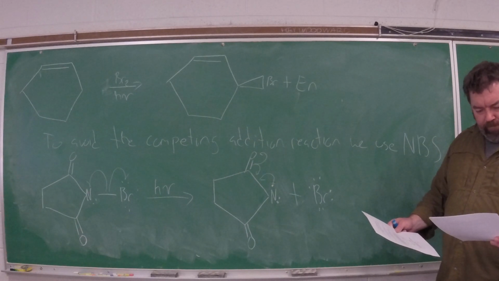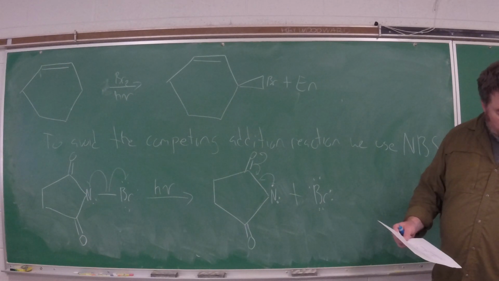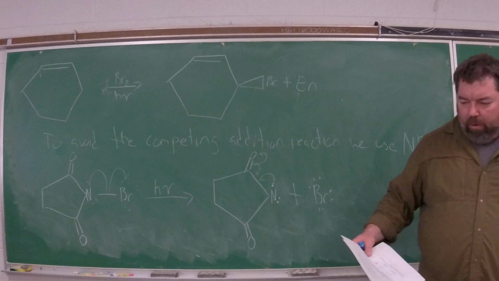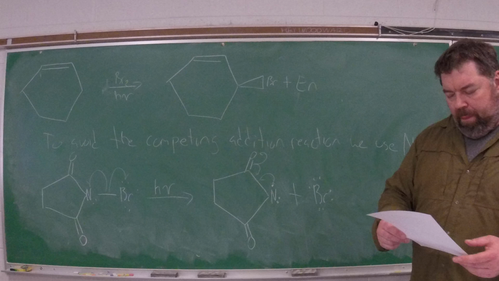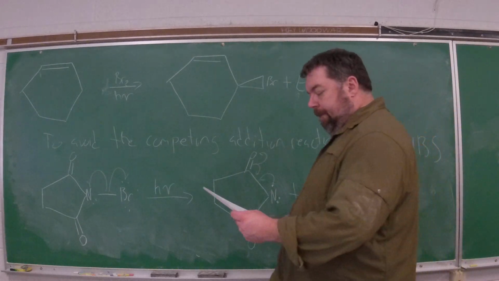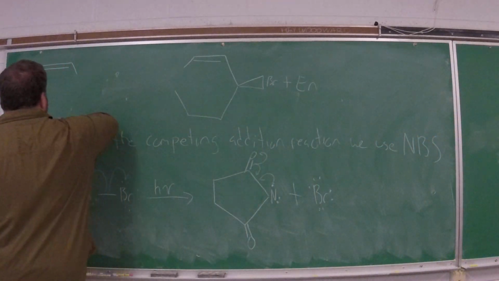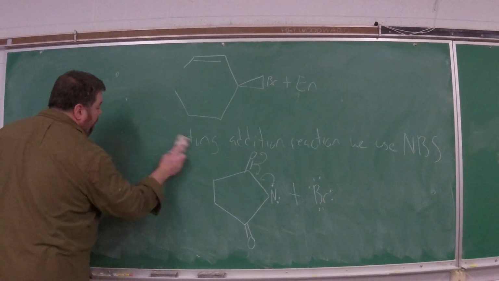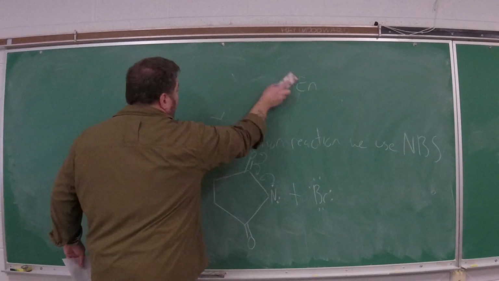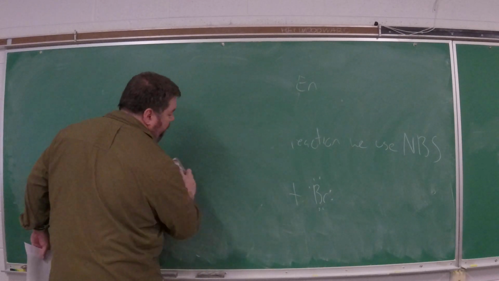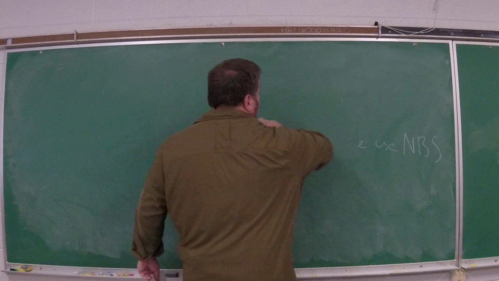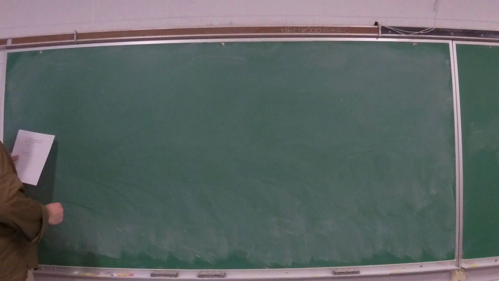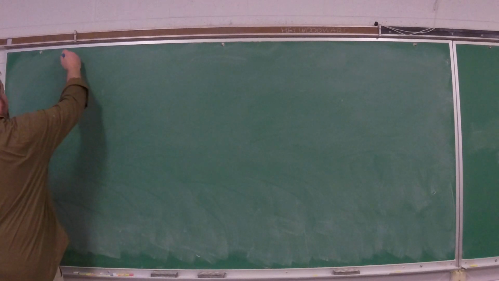And let's see here. So let's take a look at an example. Allylic halogenation with NBS.